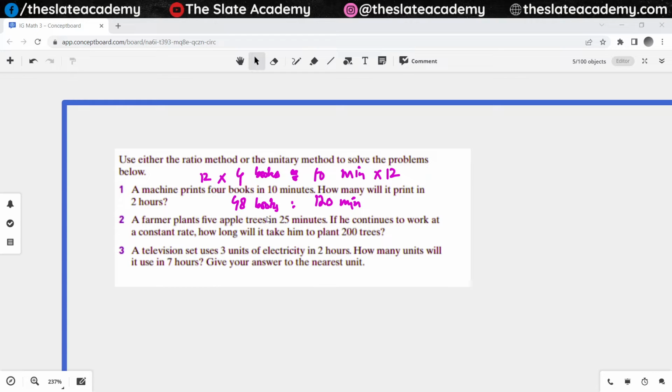The next question says a farmer plants 5 apple trees in 25 minutes. If he continues to work at a constant rate, how long will it take him to plant 200 trees? Please quickly solve it and give me your answers. 320.